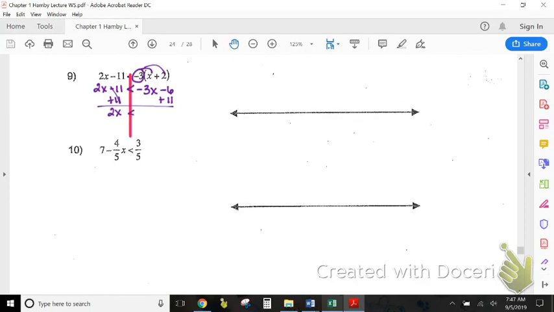So 2x, my inequality, negative 3x plus 5. Good. So 5x, my inequality, and 5.